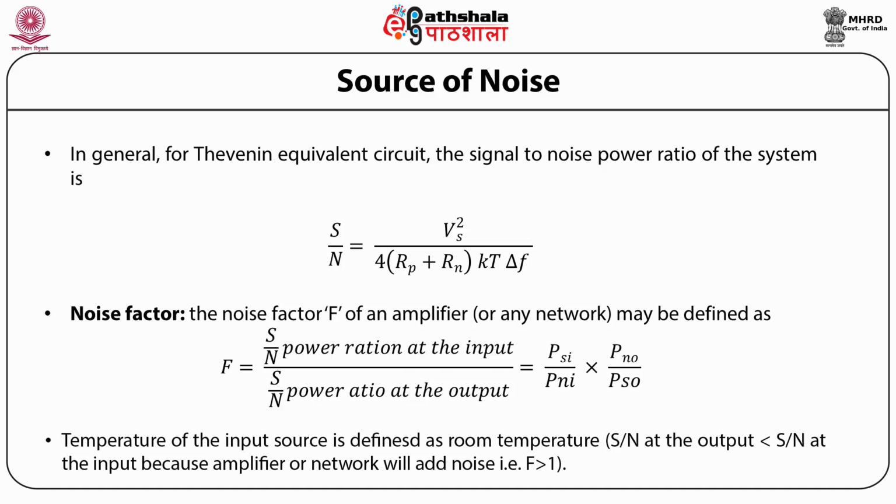So the temperature of the input source is defined as the room temperature. S by N at the output is less than S by N at the input because the amplifier or network will add noise, that is, F is greater than 1.